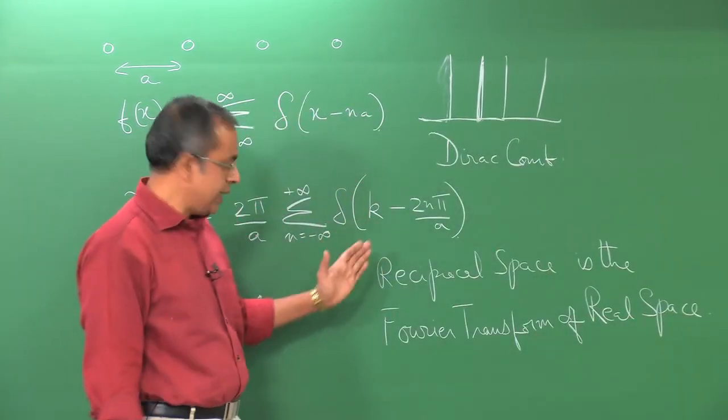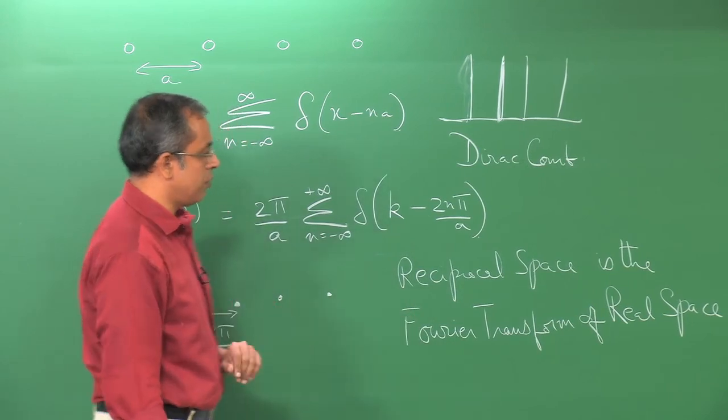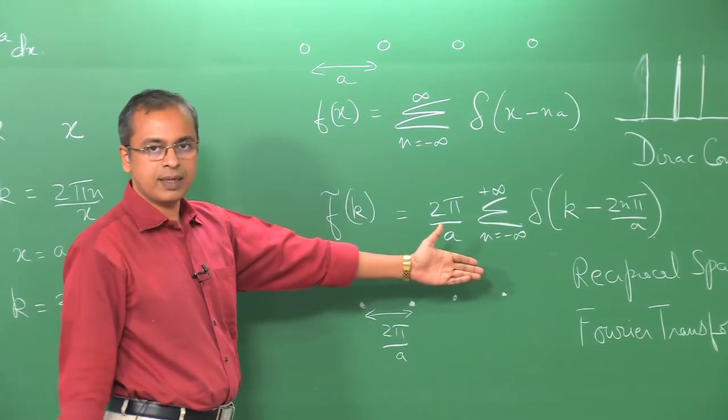So, therefore, we are able to see that the reciprocal space is the Fourier transform of the real space.